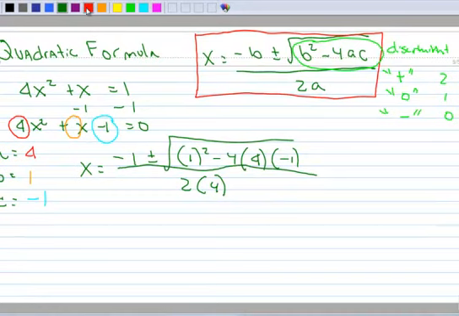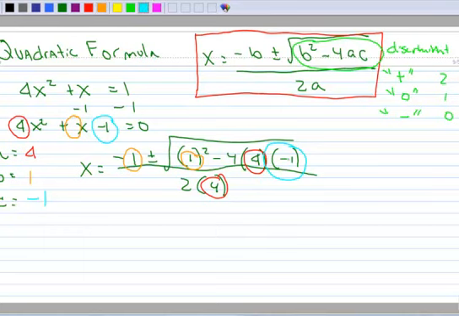Alright, let me just color code these for you. So the a is right here, and the a is right here, and the b is right here, and the b is right here, and the c is right here.